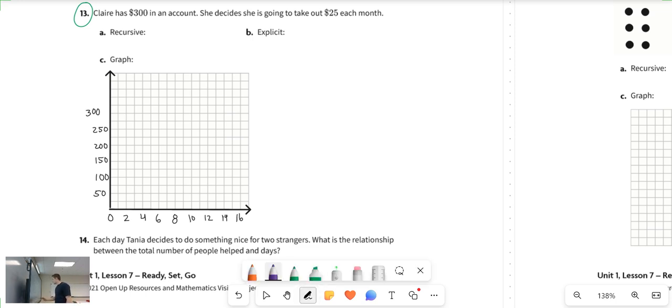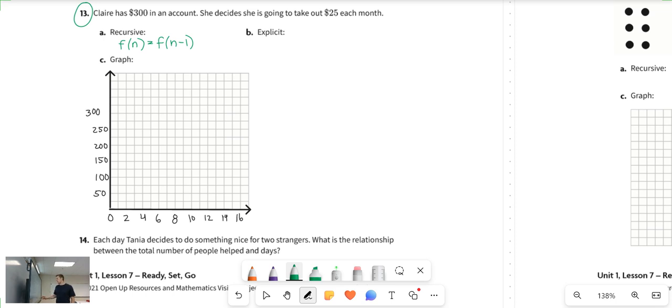All right, we can do that. So let's start out with our recursive rule. Always going to start out with f of n equals f of n minus 1. All right, and now what are we doing? She has $300 in an account. She decides she's going to take out $25 each month. So let's say she starts, right?